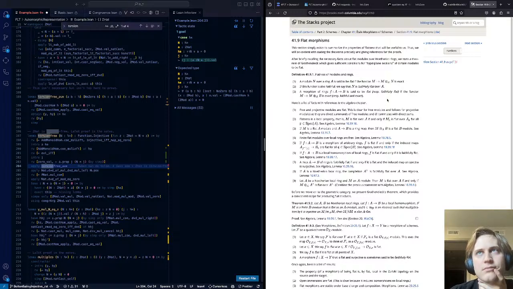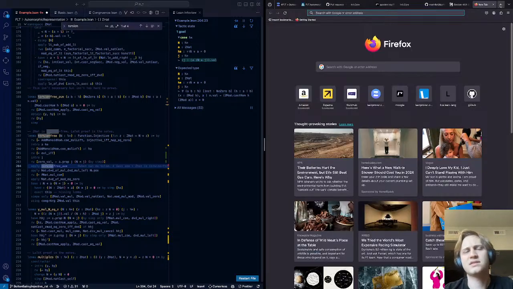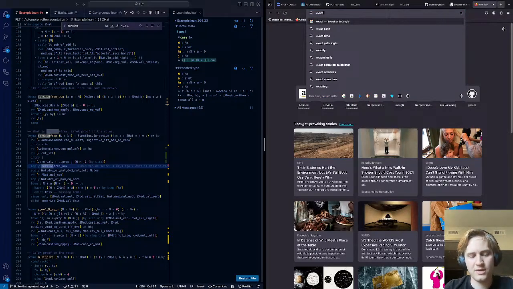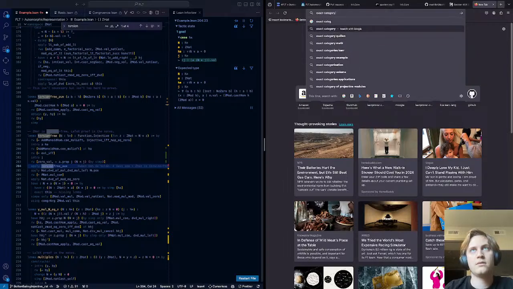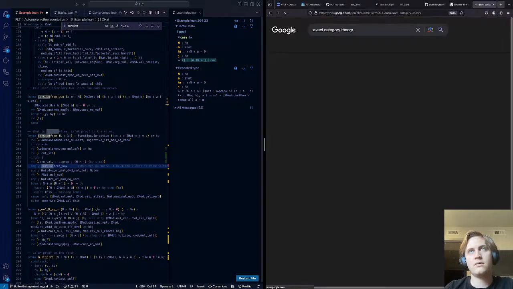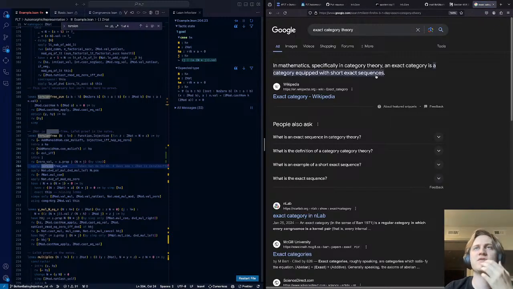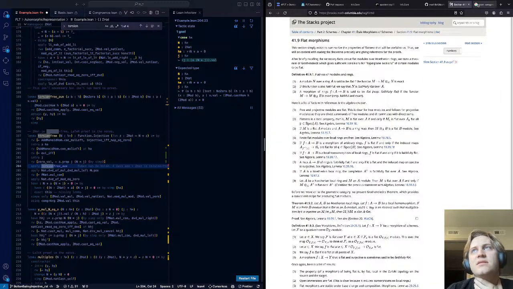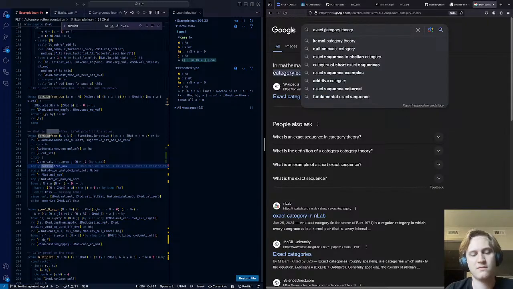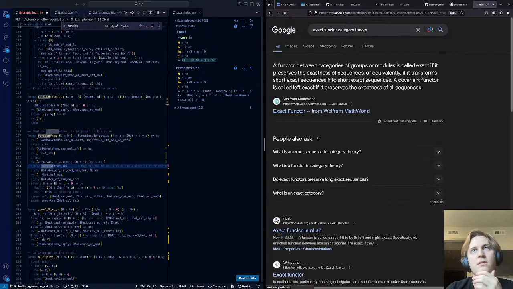Okay. The functor is exact. It's a term from category theory, which again is a field of math where they just make up words for simple concepts. Sorry, exact functor. A functor between categories is exact if it preserves exact sequences.